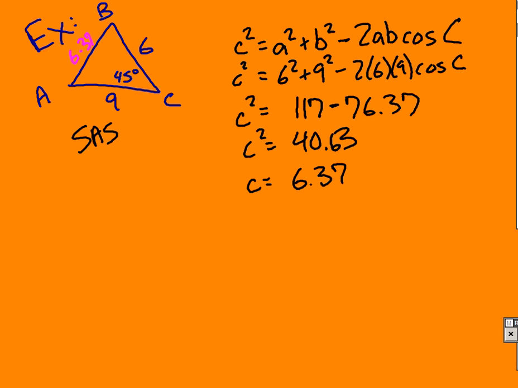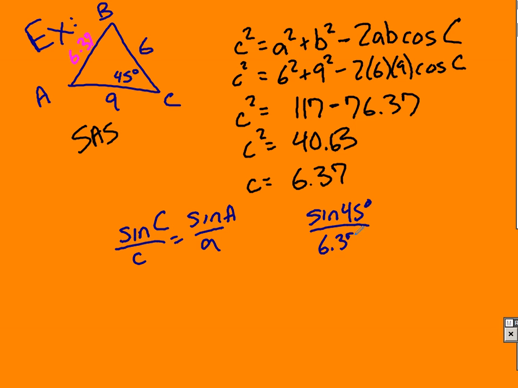Now I have an angle comparison, angle C and side C. So from this point forward in the problem, I can go back to the law of sines. I can set up that sine of C over C equals sine of A over A. So I know sine of 45, that's angle C, over 6.37 must equal sine of big A over 6. When I cross multiply and divide, I should get that sine of A is equal to 0.66.